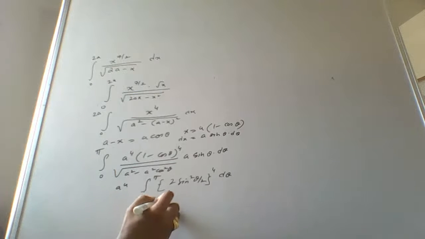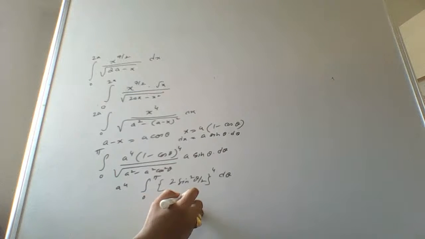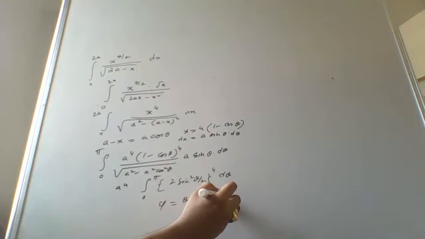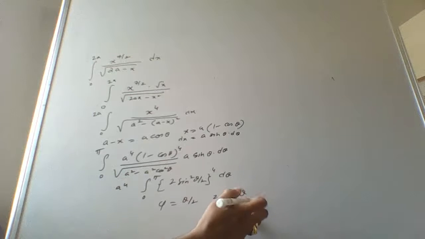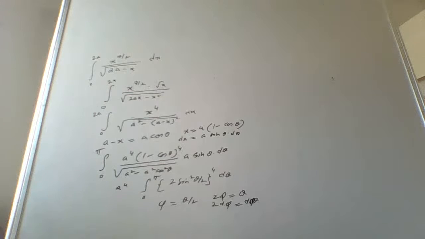Now if I consider phi as theta by 2, or 2 phi as theta, or 2 d phi as d theta, substitute whatever I said.